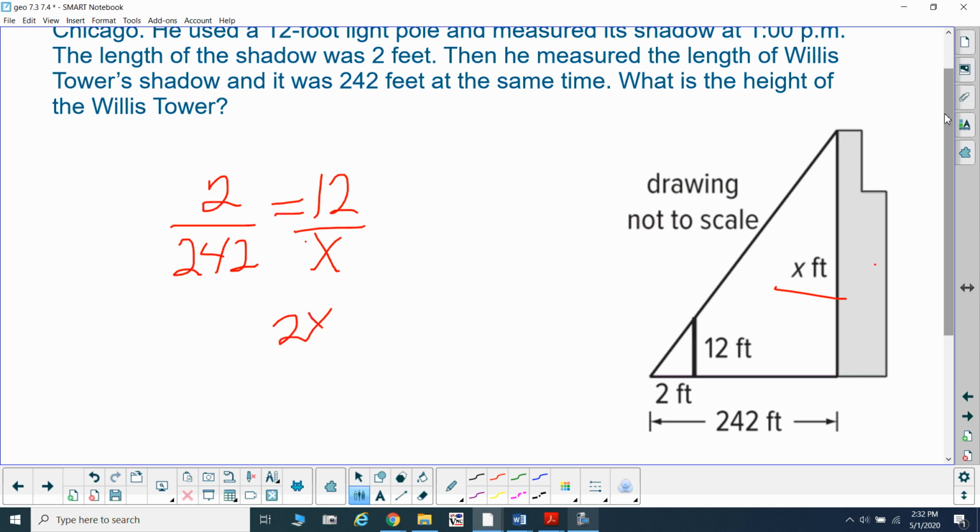So we get 2x equals 242 times 12, helps if you turn on your calculator, 2,904, so the Willis Tower is 1,452 feet tall.